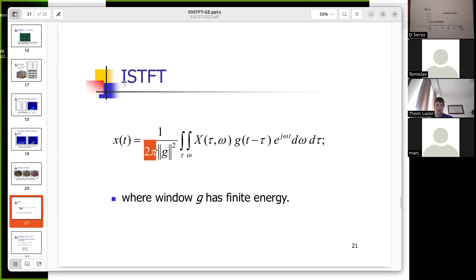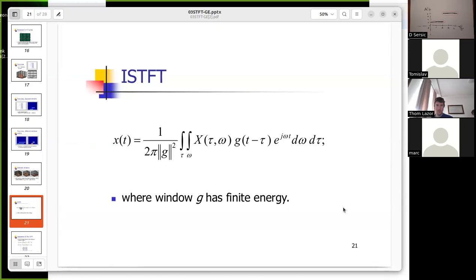It was exactly the case with the inverse Fourier transform, but also with the norm, actually the energy, the square of the energy of our time window. Now we can see that we need that finite energy, because if the energy was infinite, then the denominator would be infinite and the result would be zero, so it's definitely wrong.